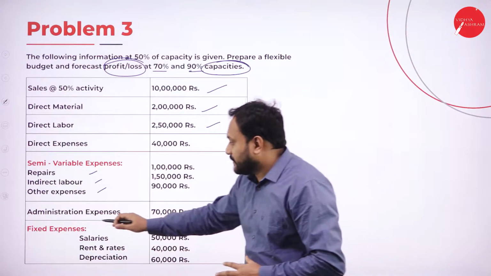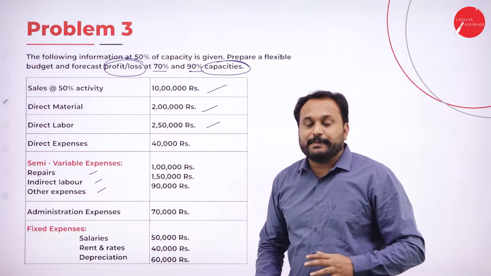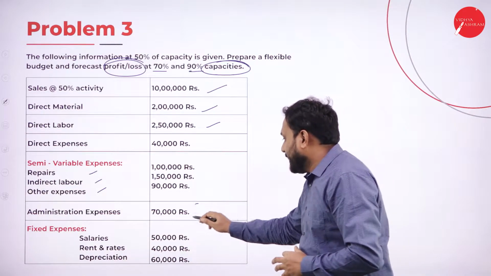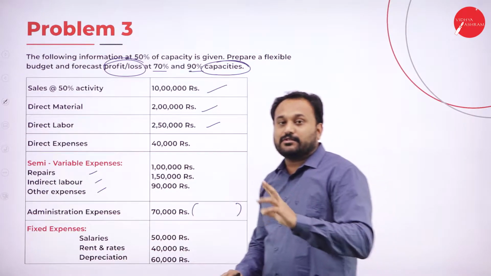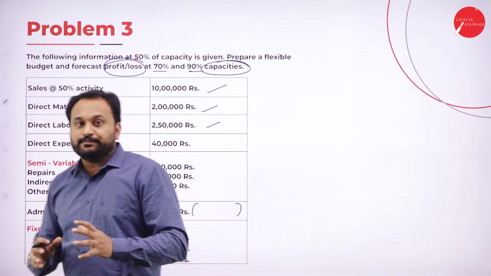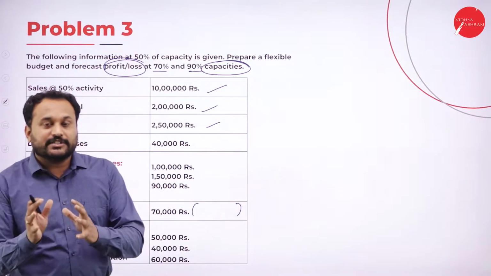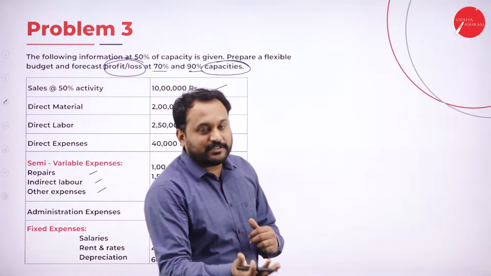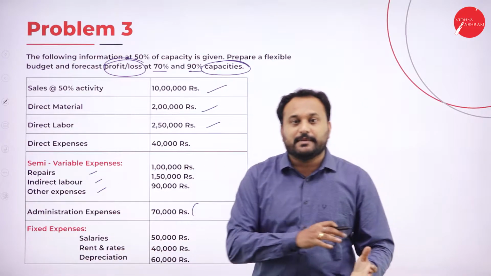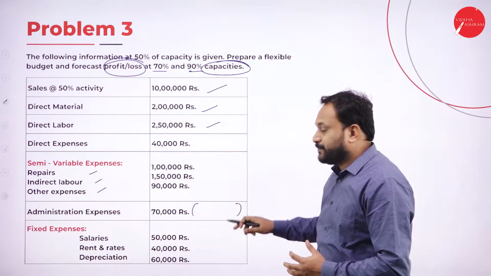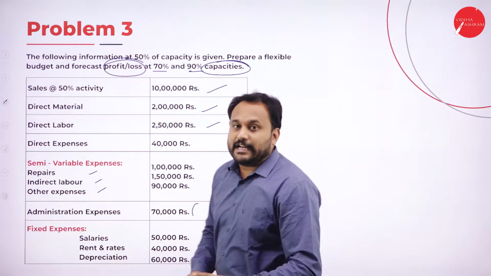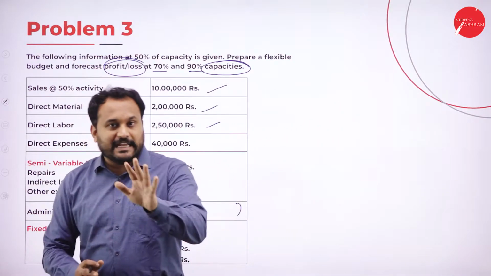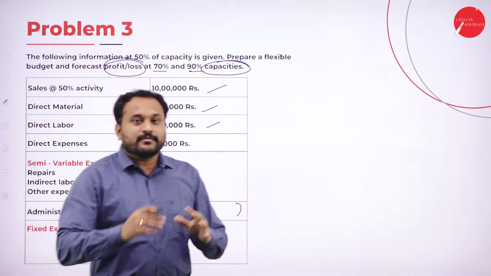Next one here we have is administration expenses. See, they have not given any of the brackets. Earlier, in the last two problems, administration expenses was 50% fixed or 60% fixed, but now here they have not given anything. Whenever they do not give you anything, students, please write this down in your book.